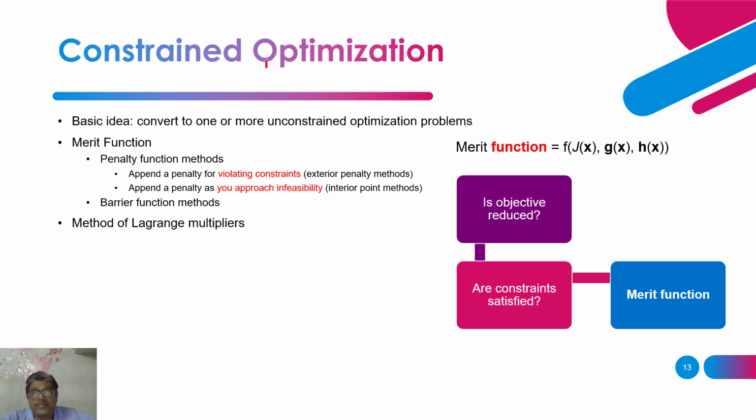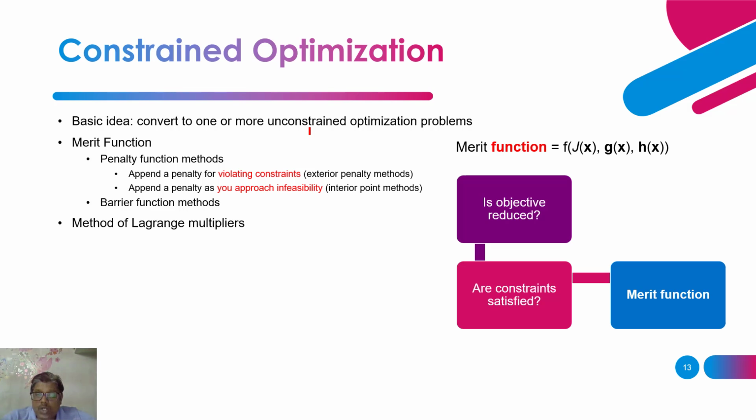So the unconstrained problem is not a single optimization problem, it may be multiple, varying from a single unconstrained optimization problem to multiple unconstrained optimization problems. Under this, the penalty function and barrier function come.